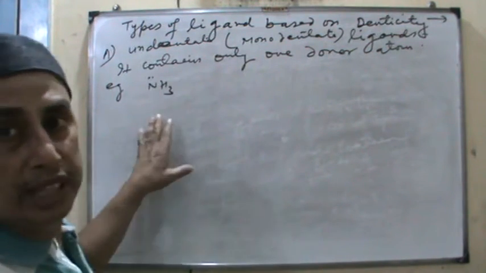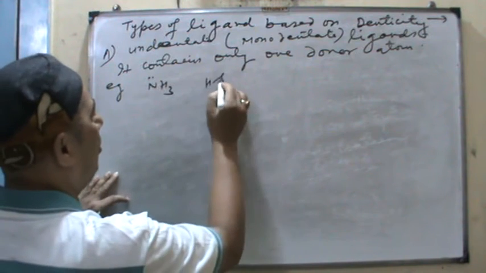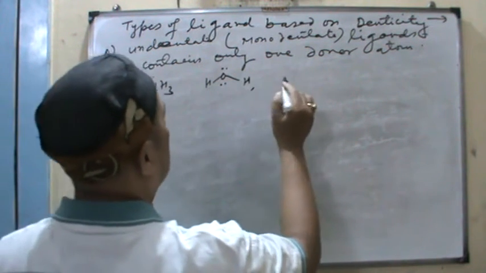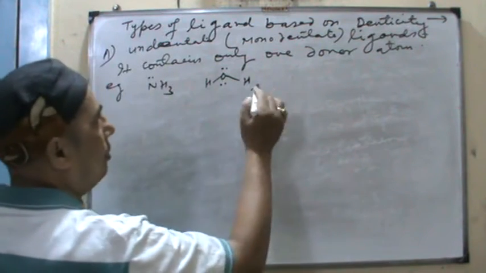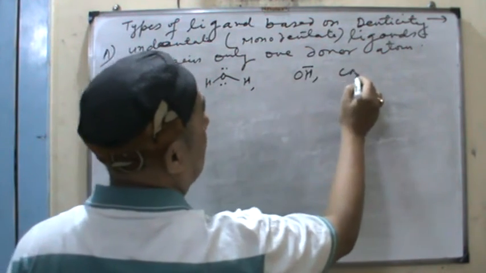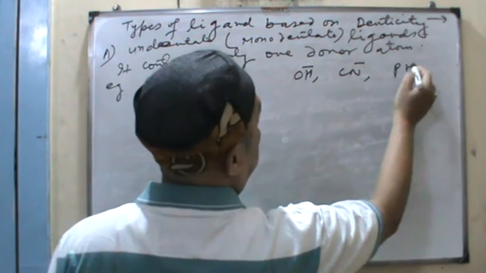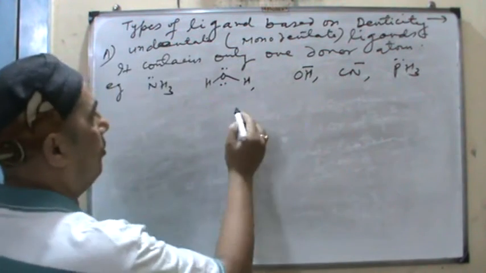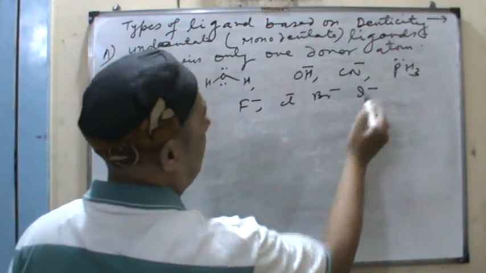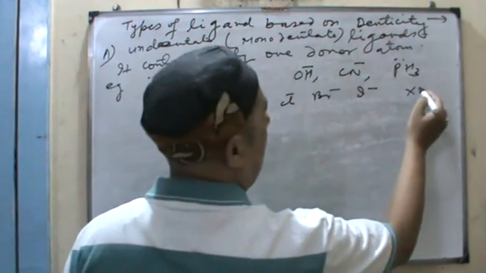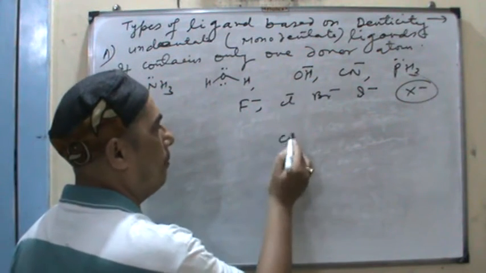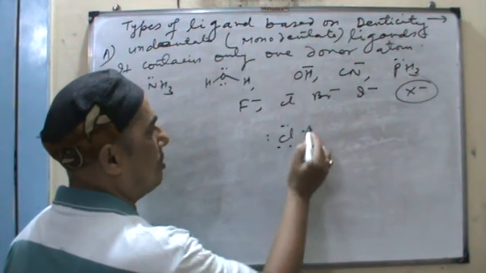It has a lone pair of the electron. Water, lone pair and lone pair, right? So you can say OH negative, cyanide negative, PH3 lone pair, fluoride, chloride, bromide and iodide. That means halides. All contain, maybe chlorine contains 4 lone pair, 1, 2, 3, 4, 5, 6, 7 and 8.